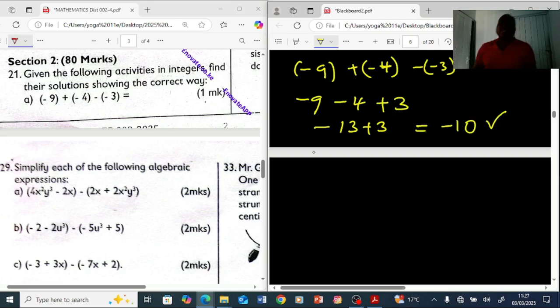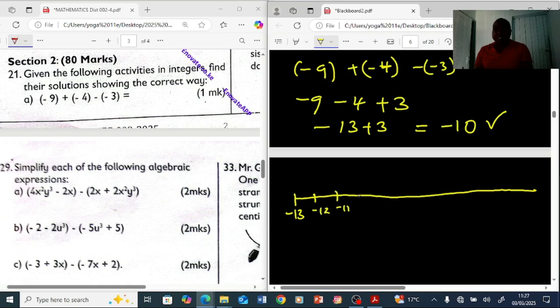You can even use the number line to solve this. If you don't know, you can use the number line. Let me show you how to use the number line. So I am here, negative 13. This is negative 12, negative 11, negative 10, negative 9, negative 8.